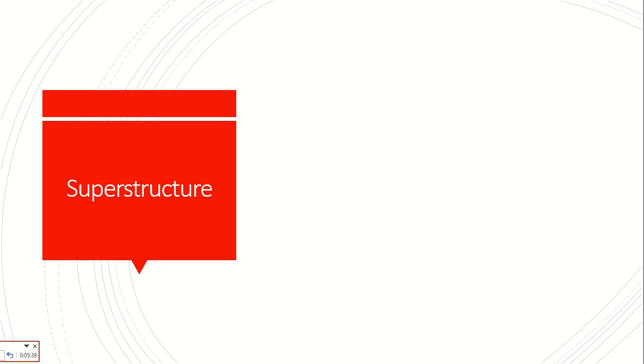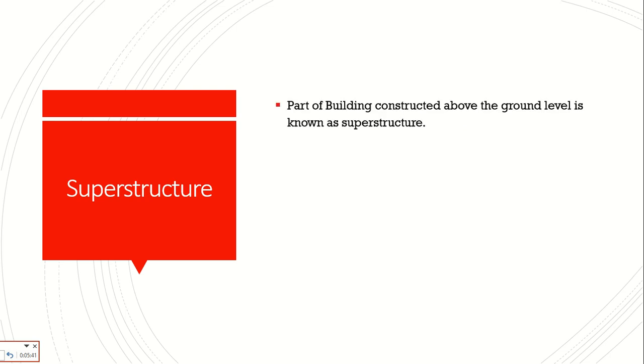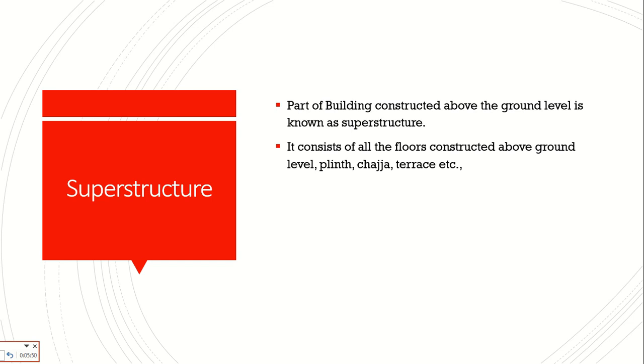Now let us discuss superstructure. Part of a building which is constructed above the ground level is known as superstructure. It consists of all the floors constructed above the ground level, also plinth, chhajja, terrace, balcony, etc. Load of a superstructure is transferred to the substructure and subsequently it gets transferred to the hard strata or the soil below the foundation.